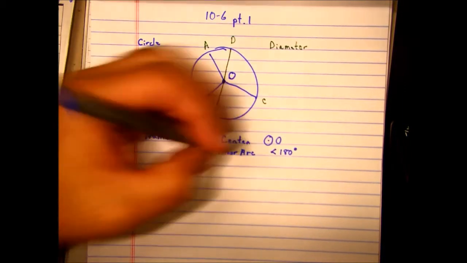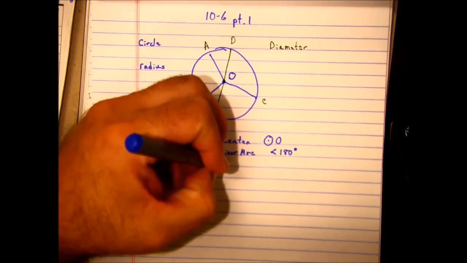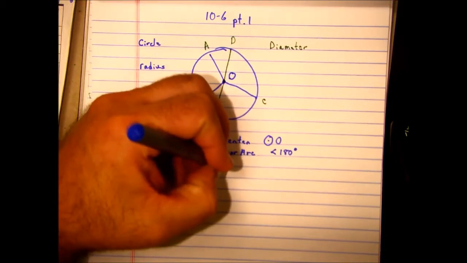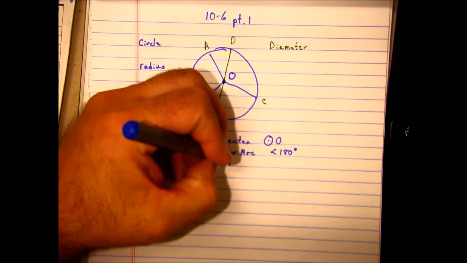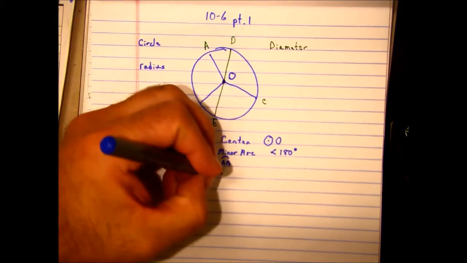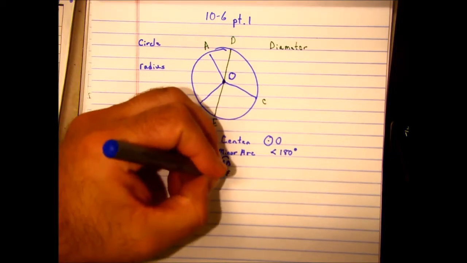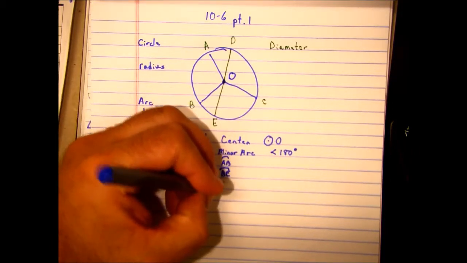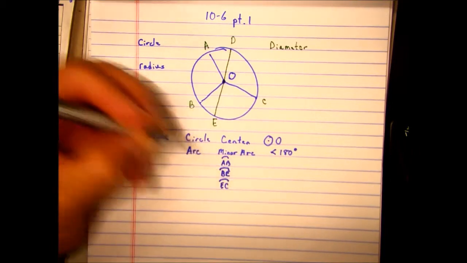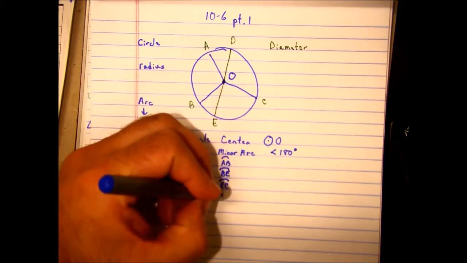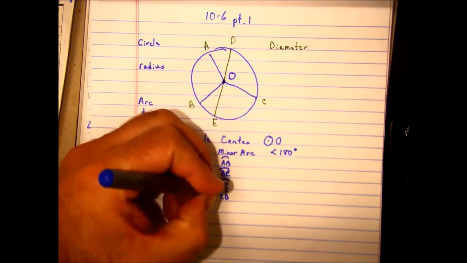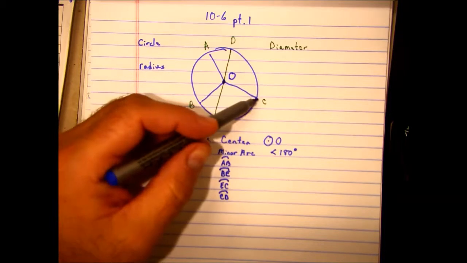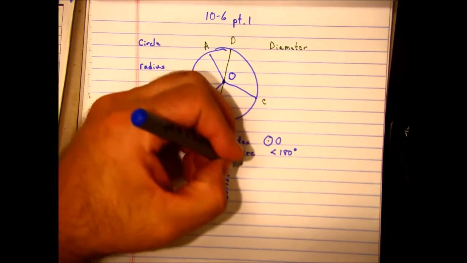I'm going to list some minor arcs. We have minor arc AB, minor arc BE, minor arc EC, minor arc CD, minor arc CA.